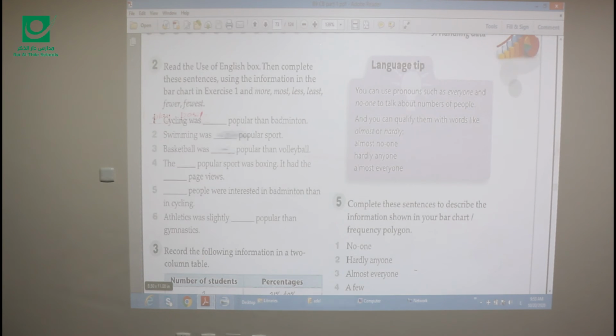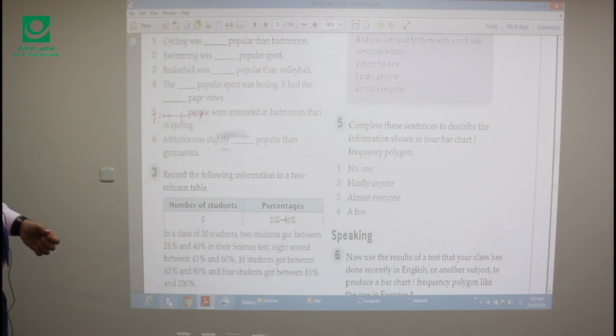Also, we have this language tip that is very important. We can have almost, hardly: almost no one, hardly anyone, almost everyone. So you can use almost and hardly with these expressions. For example, we're talking about no one, hardly anyone, almost everyone, and a few.